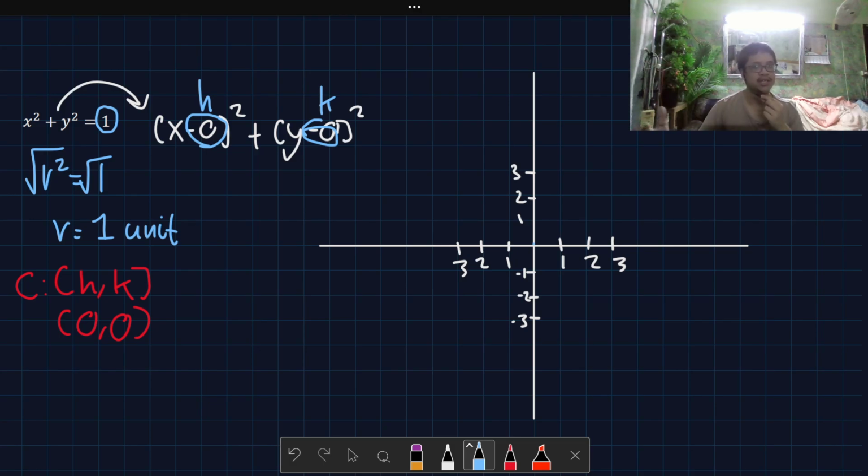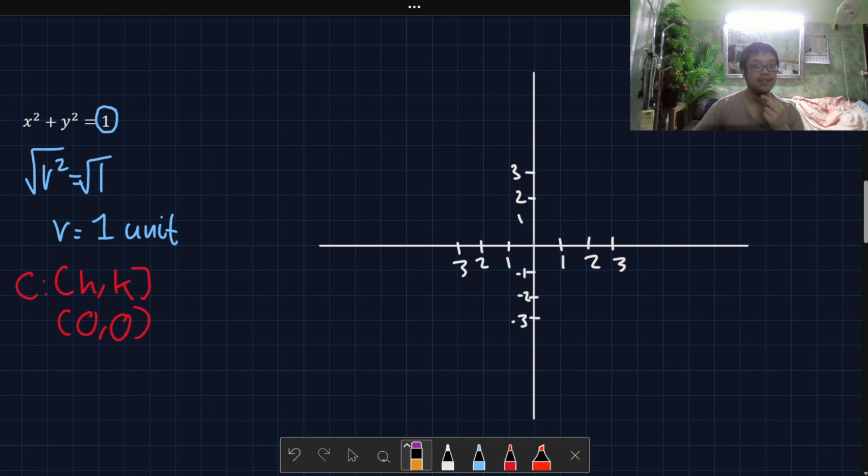Actually, there's no such thing as negative or positive 0, but point being, we have to change the sign for us to get the center. But here's the thing, we have only x squared and y squared, so there's no number beside x and no number beside y as well. Therefore, your h and k is 0. So that's it.